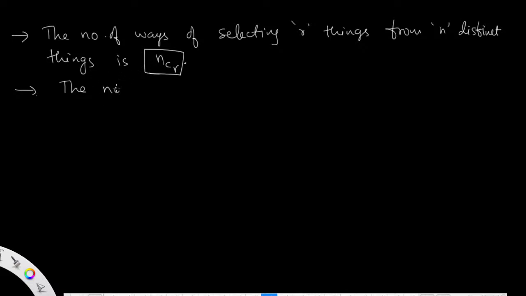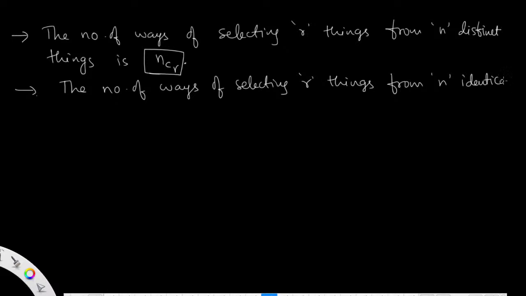The question is the number of ways of selecting things from n identical things is dash. How many ways? Identical things, we have to select in how many ways?